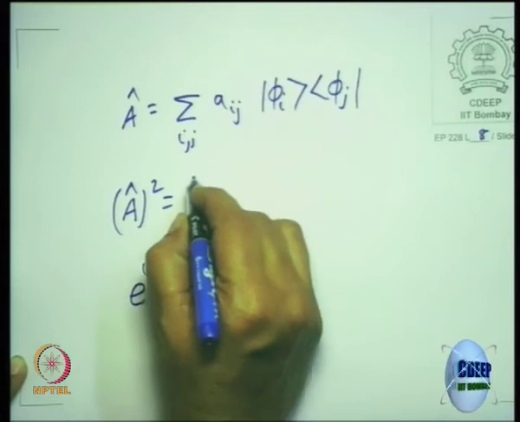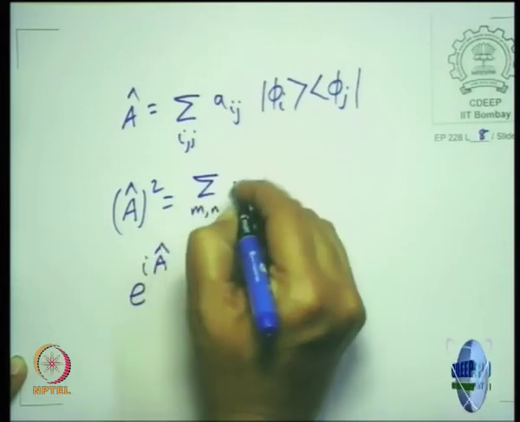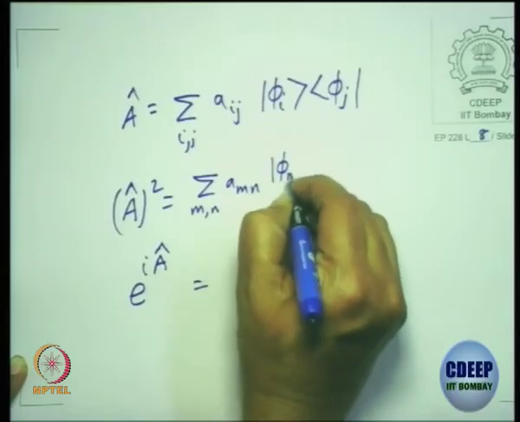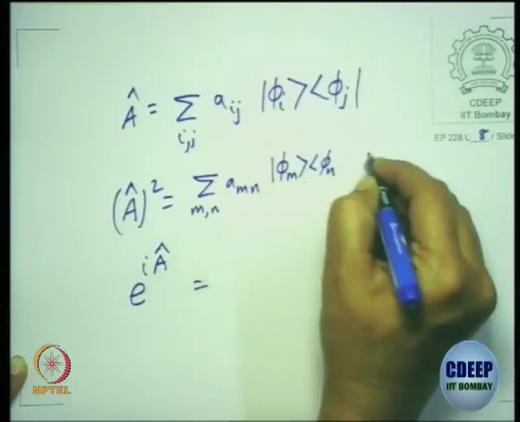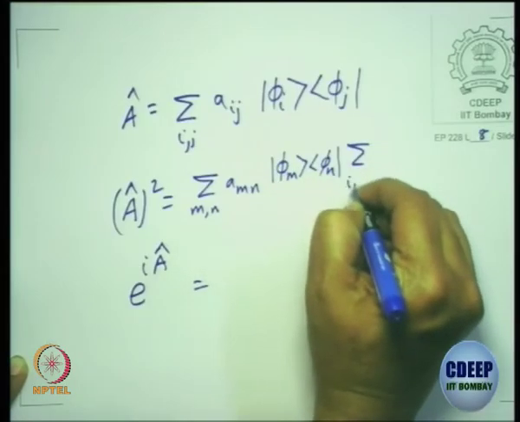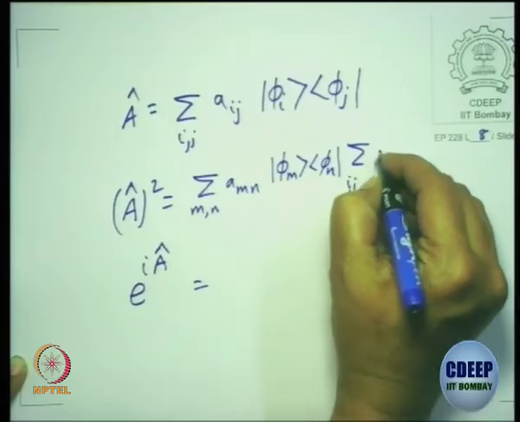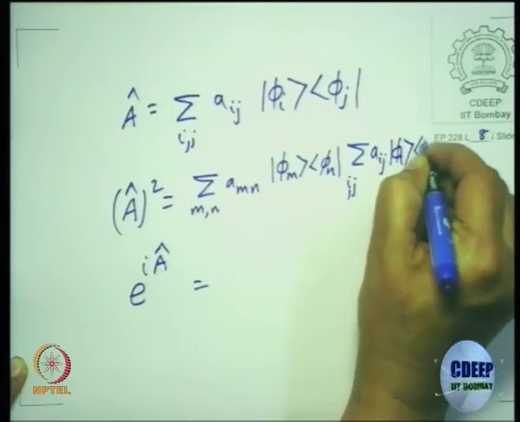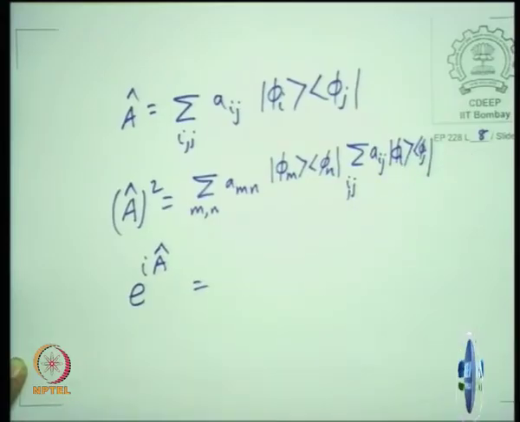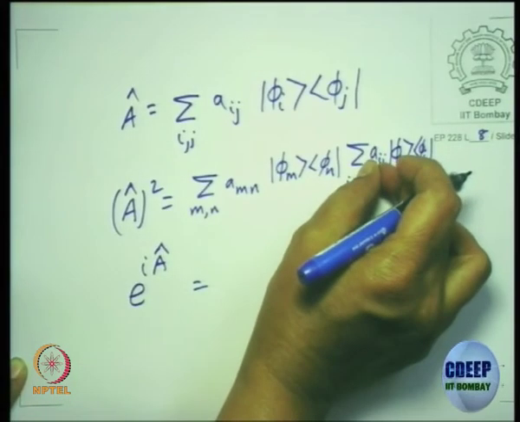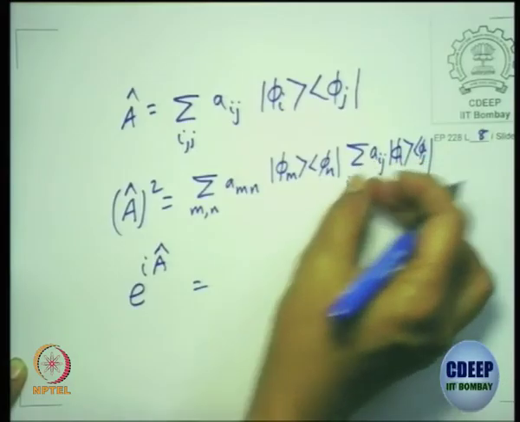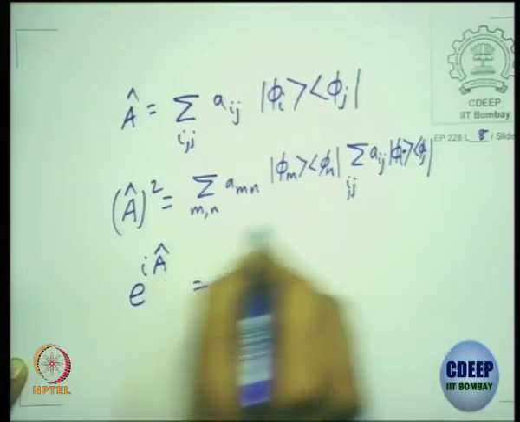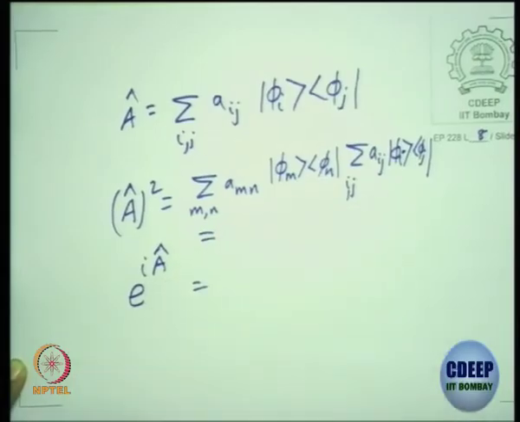A squared will be summation over m, n of a_mn |phi_m><phi_n|, and then summation over i, j of a_ij |phi_i><phi_j|, and then what do you have to do? These are numbers. <phi_n|phi_i> will be what?